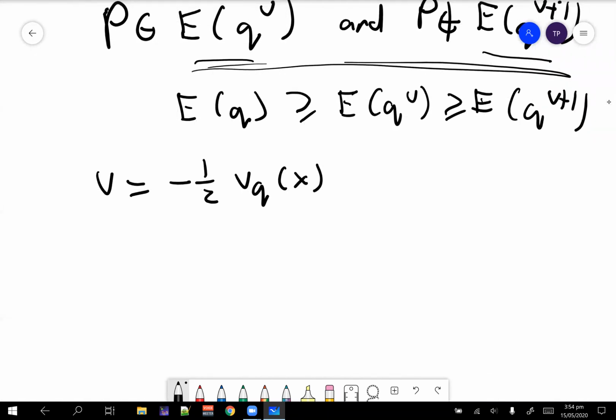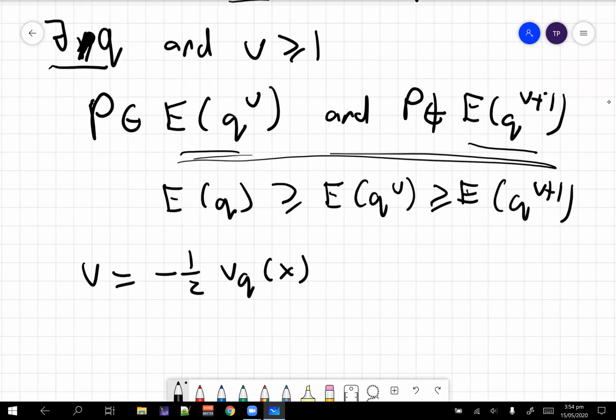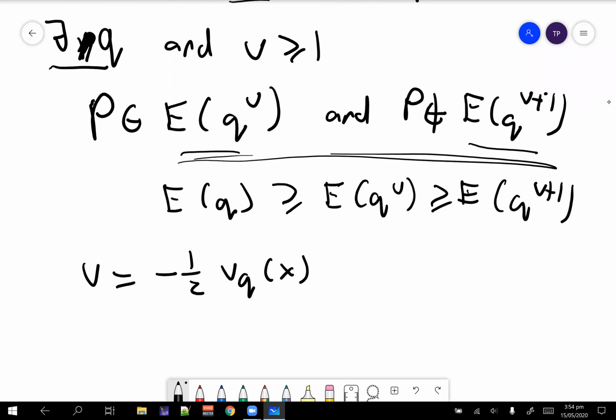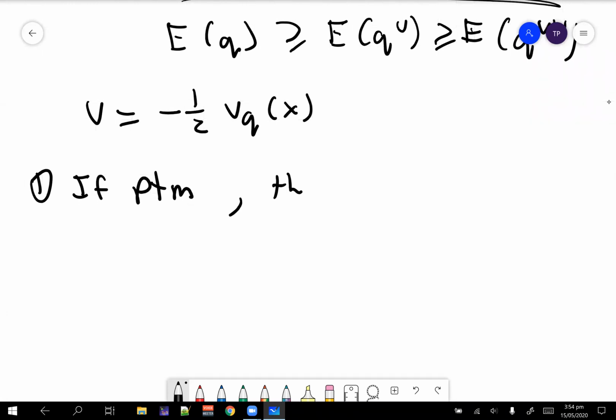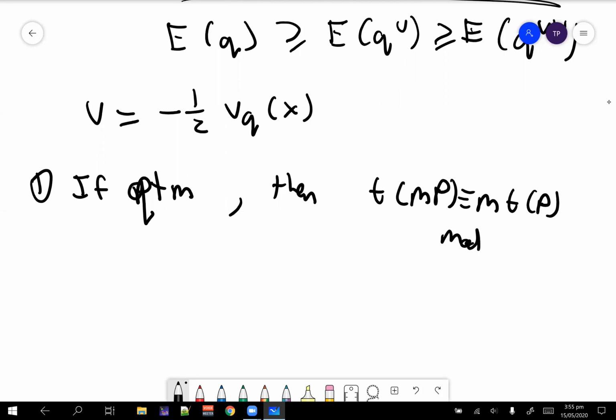So we consider two cases. We consider the first case, Q does not divide M. Sorry, this should be a Q, not a P. If our prime number Q doesn't divide M, then T of MP, remember T was our map, is congruent to the thing here, mod our thing in our map again.